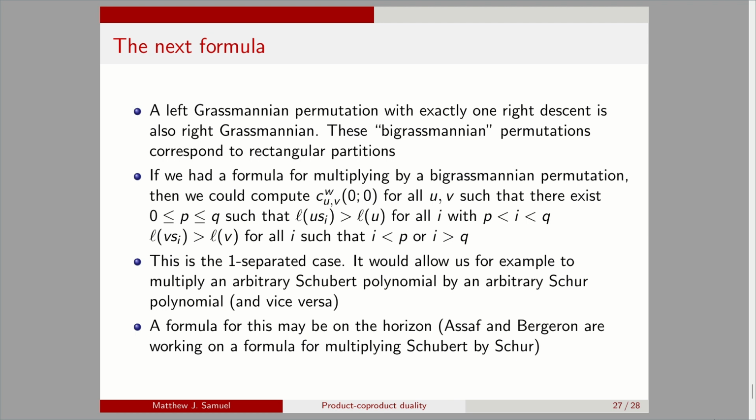Being able to multiply an arbitrary Schubert polynomial by an arbitrary Schur polynomial lets you multiply 1-separated pairs of permutations. So in a sense, the bi-Grassmannian Schur polynomial is the hardest one to multiply by. So a formula for this may be on the horizon. Asaf and Bergeron are working on a formula for multiplying a Schubert polynomial by a Schur polynomial.